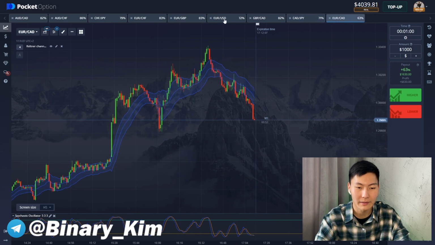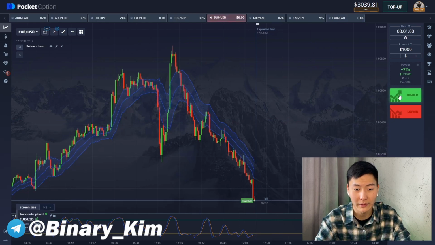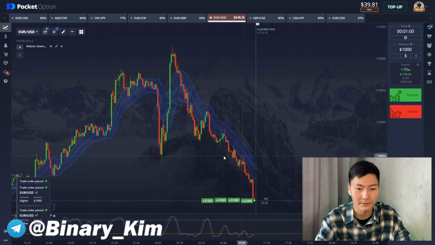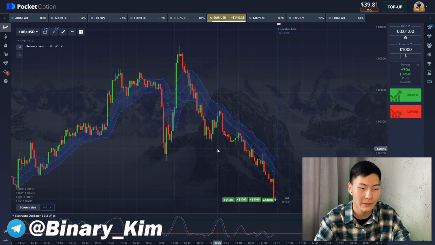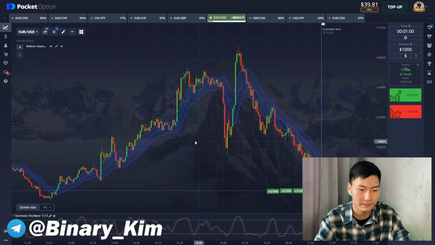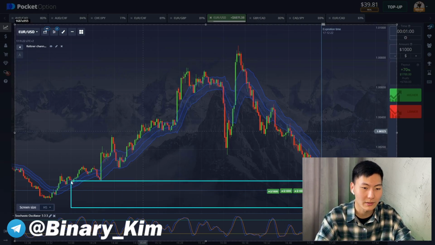Let's continue analyzing. Let's open our long position here. We are going to play out the pullback. I will point out the workspace. And I want to show you the support zone, after which the price should change its direction.